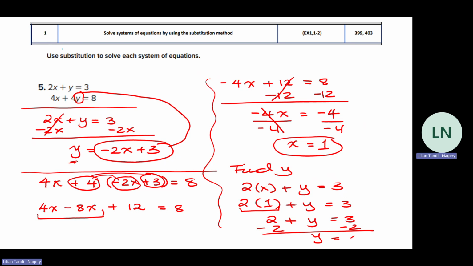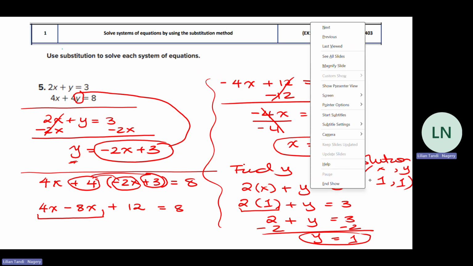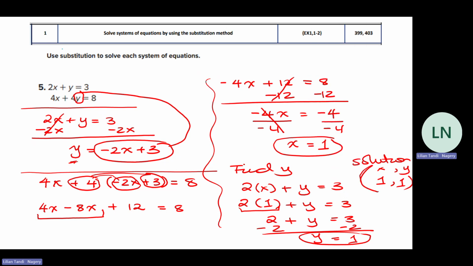Y is 1. Okay? Then you write your solution: x comma y, 1 comma 1. And you box your answer, just like that.